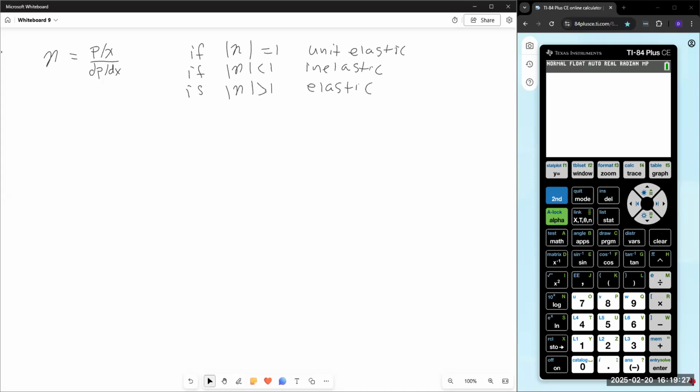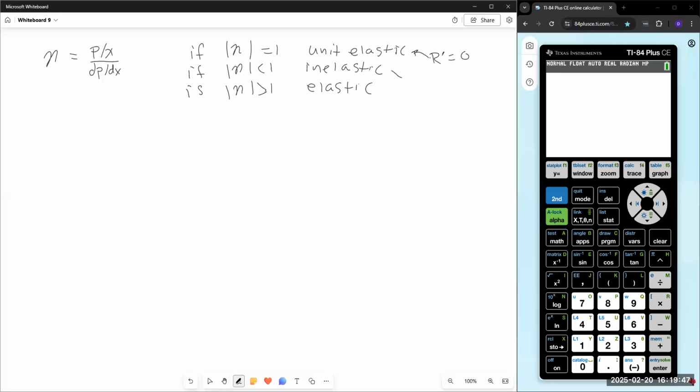And this is related to if you were to look at the revenue function. So this would be when R prime is equal to 0, it would be unit elastic. You would have a flat revenue curve.